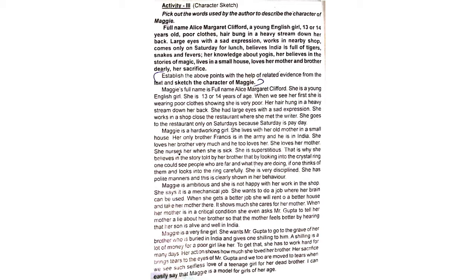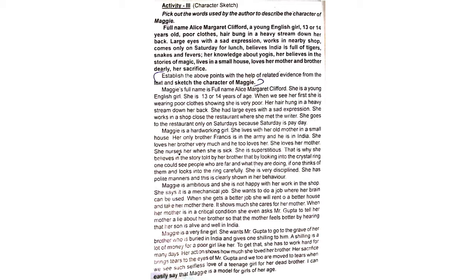That is why she believes in the story told by her brother, that by looking into the crystal ring one could see people who are far away and what they are doing, if one thinks of them and looks into the ring carefully. She is very disciplined. She has polite manners and this is clearly shown in her behavior.